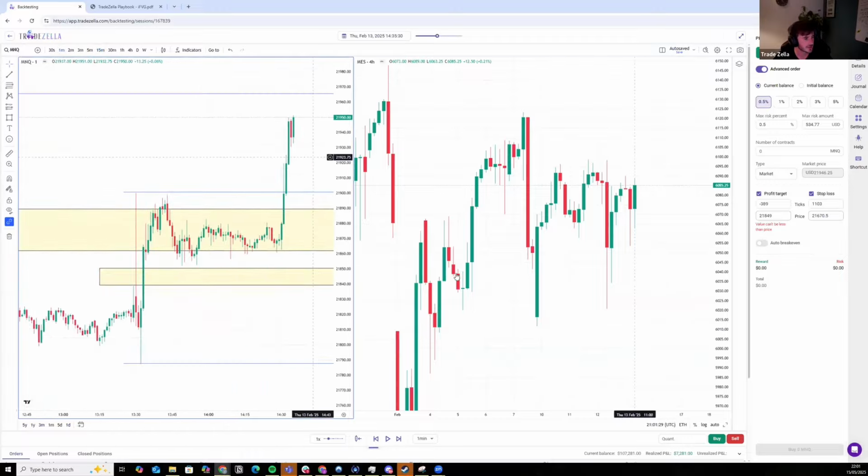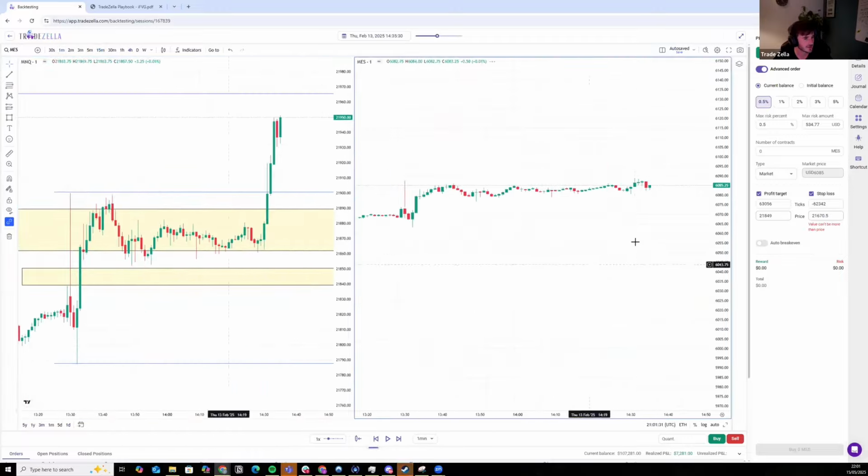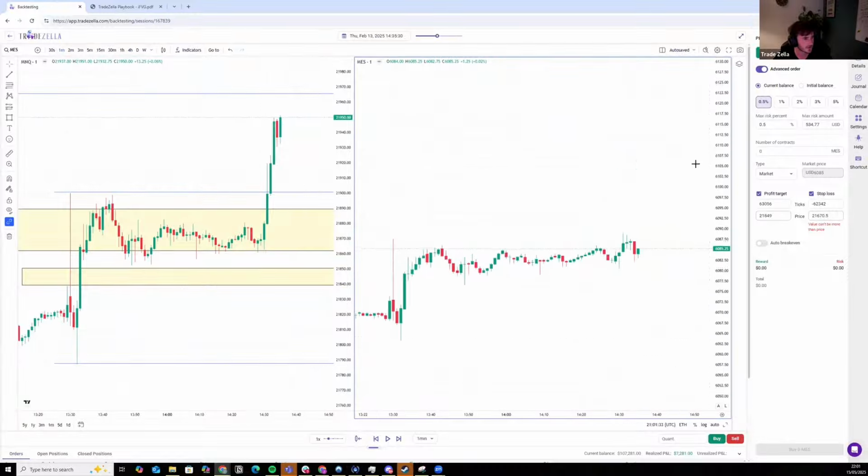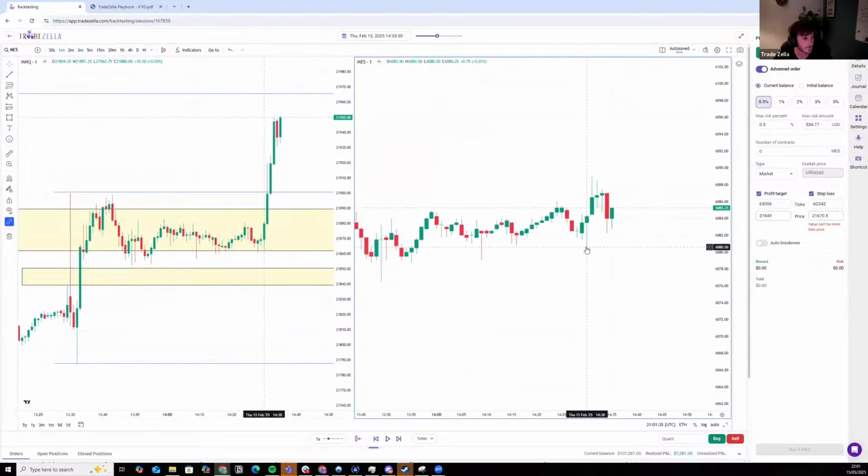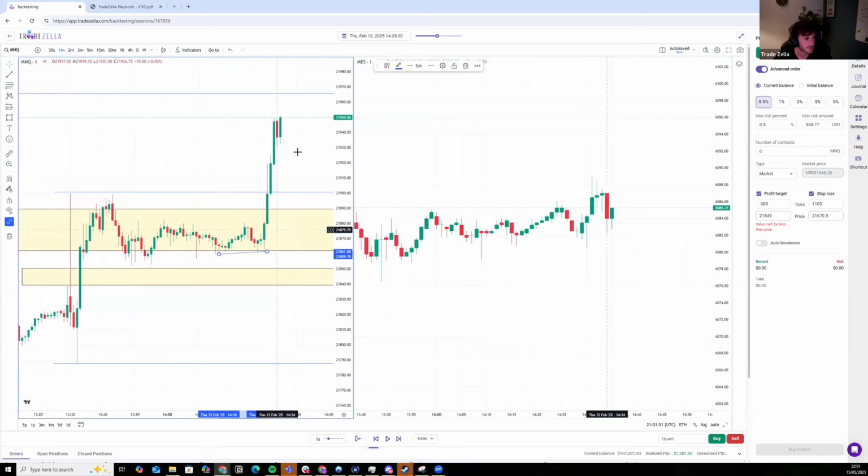Let's just check. Was there an SMT there that we potentially missed out on and didn't clock? That low. So that high. Yeah, there was a little one here. So there was this SMT. It was only small though.